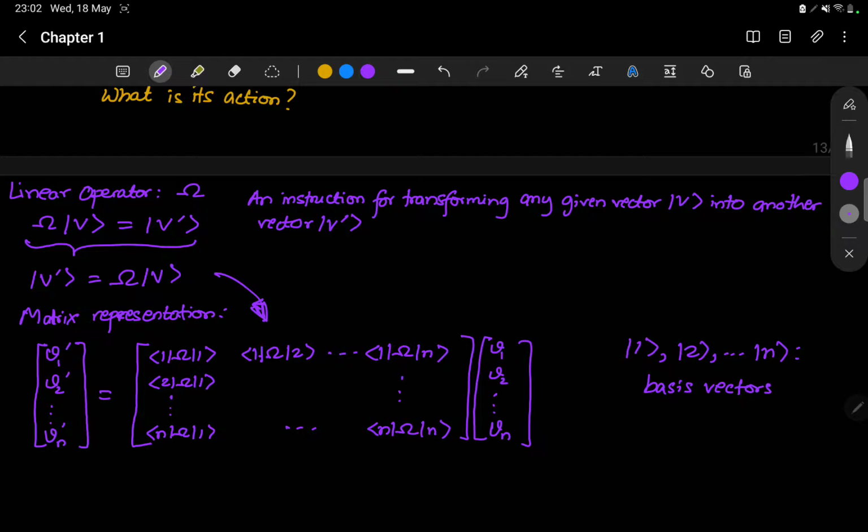This is just like any other vector components, which are also basis dependent. Similarly, this matrix for omega is also basis dependent. So all of these are basis dependent.